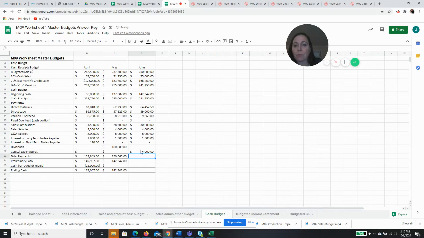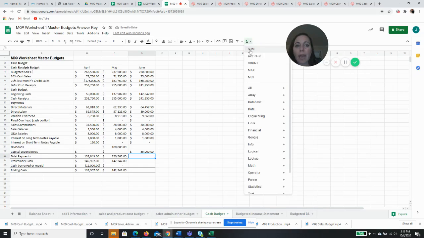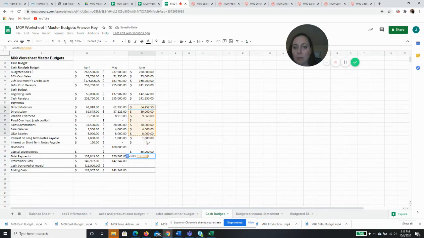So our total cash payments for the month are $211,612.50. Our preliminary cash is going to be our beginning cash of $142,342 plus our cash receipts of $241,250 minus our cash payments of $211,612.50.